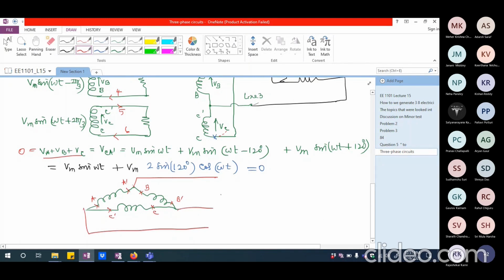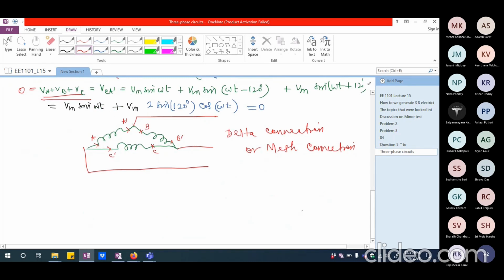So this is delta connection or mesh connection. Okay, and this is possible only because Va plus Vb plus Vc is equal to 0. At every instant of time, this is going to be true. Okay, so this is delta connection or mesh connection.